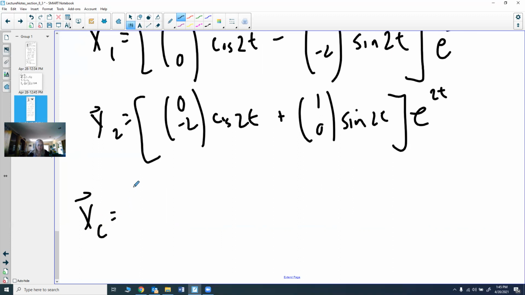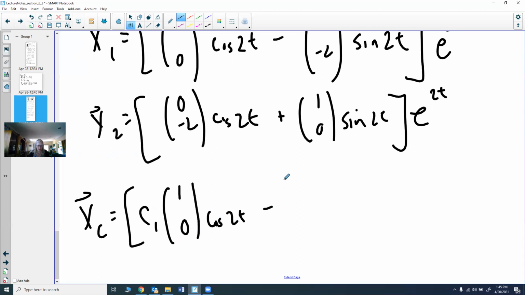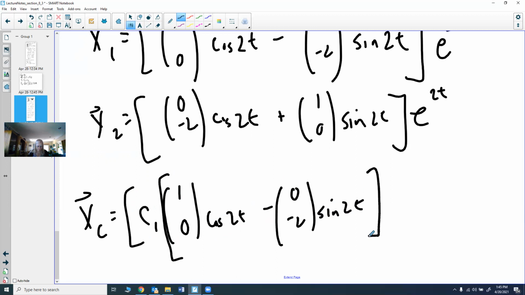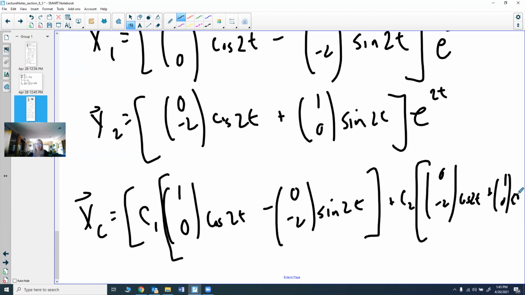So my x sub c is c1 times 1, 0 cosine of 2t minus, and I need another parenthesis here because that's c1 times all of it, minus 0, negative 2 sine of 2t, plus c2 times 0, negative 2 cosine 2t plus 1, 0 sine of 2t.